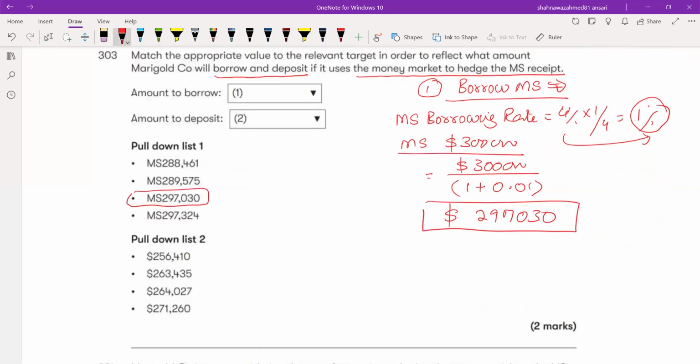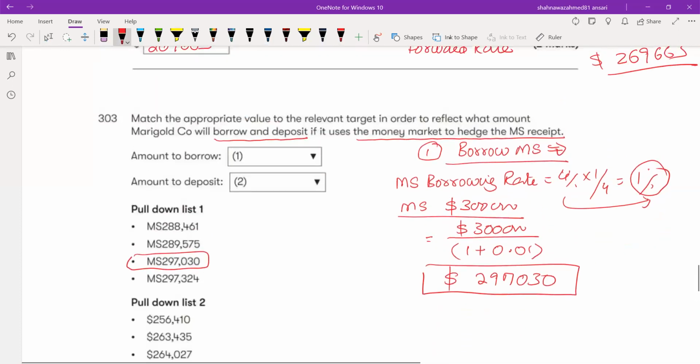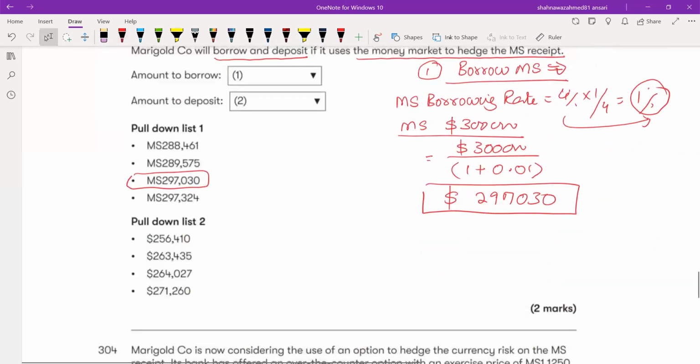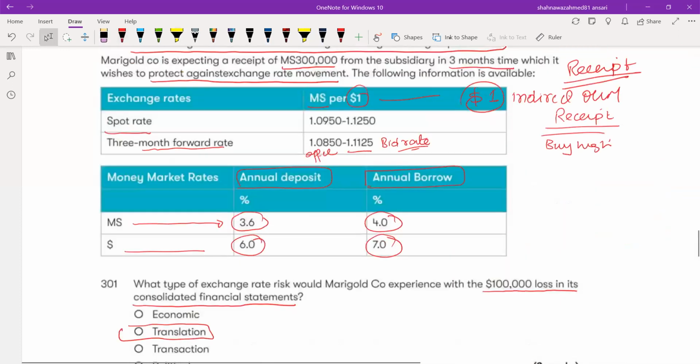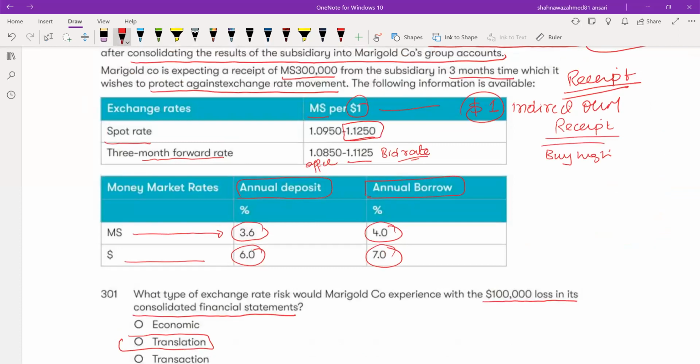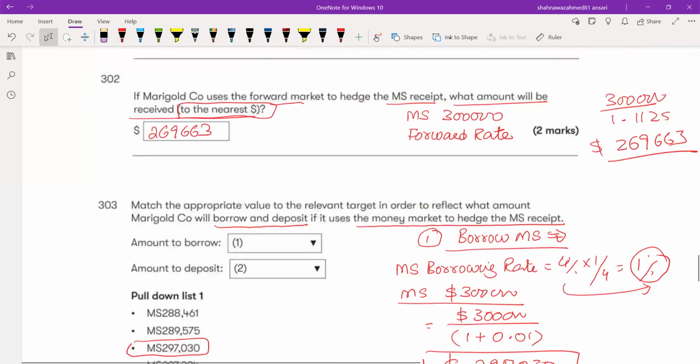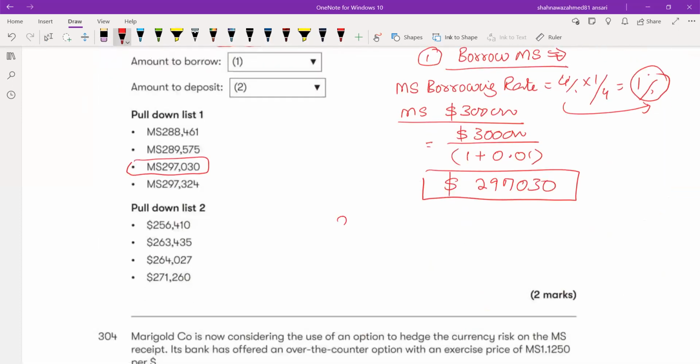And then we'll convert this into local currency. So we have foreign currency, we'll sell foreign currency, and the bank will buy. So now we have to choose the spot rate, the bank's bid rate. The bank will buy at 1.1250. So convert this 297,030 into local currency at 1.1250, and this is 264,027.